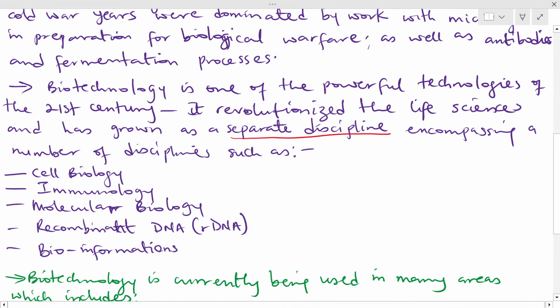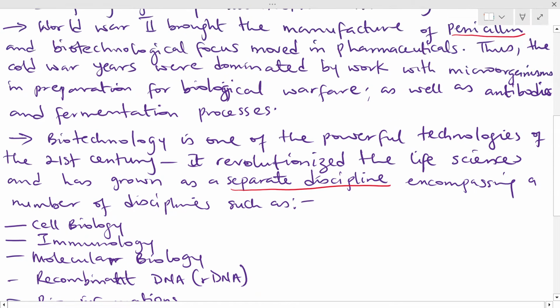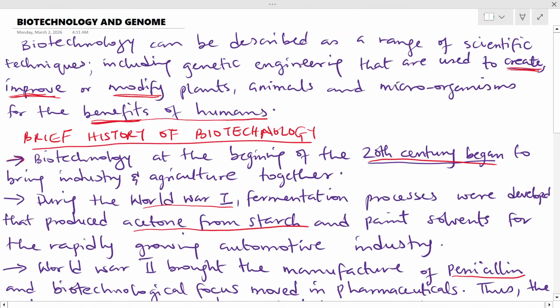If you are just joining in, what we've said so far is that we began from biotechnology and how it is described. In saying that, I said a range of scientific techniques, and all of those are grouped under the word genetic engineering right here. And we said that genetic engineering is used for three main things: to create, to improve, and to modify plants, animals, and microorganisms.